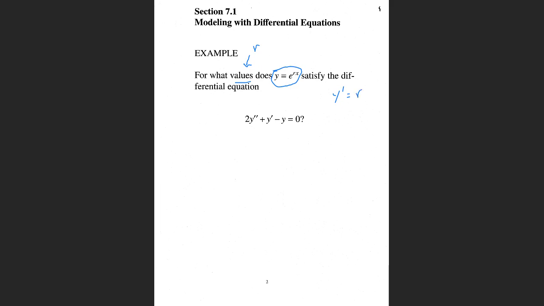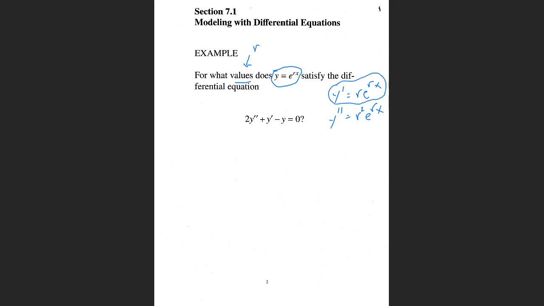Right, that's right, Renaud. r times e to the rx power. And what would y double prime be? r squared e to the rx. That's right, Samuel.